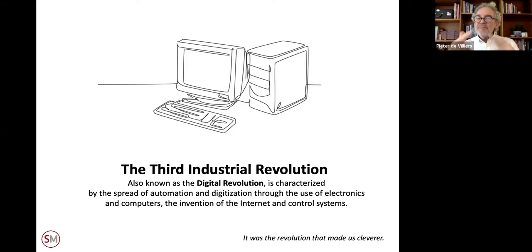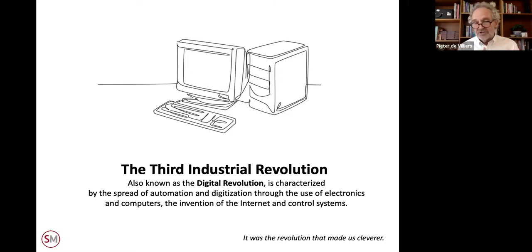So the automation went a bit further, and we started to build computers talking to computers and control systems that could work more independently to get things done that we used to do physically ourselves. Many years ago, we had somebody working at the gate. He opened the gate, said bye-bye to the people in the car, and then when the car's gone, he closed the gate physically and locked the gate.